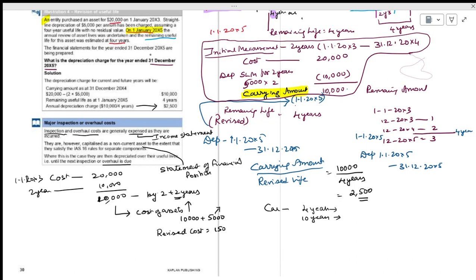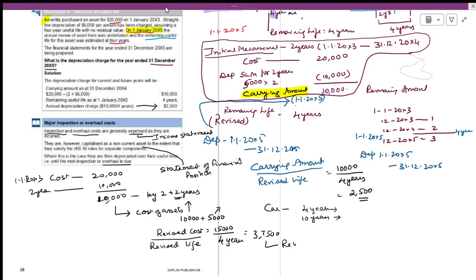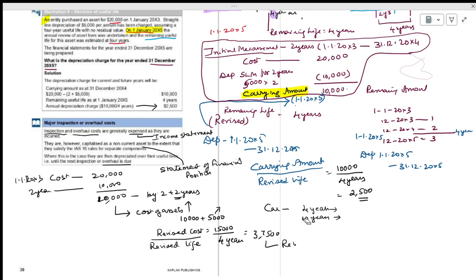Revised cost will be how much? 15,000 divided by the revised life. Revised life will be how much? 4 years. If that is the case, the revised depreciation will be 3,750.